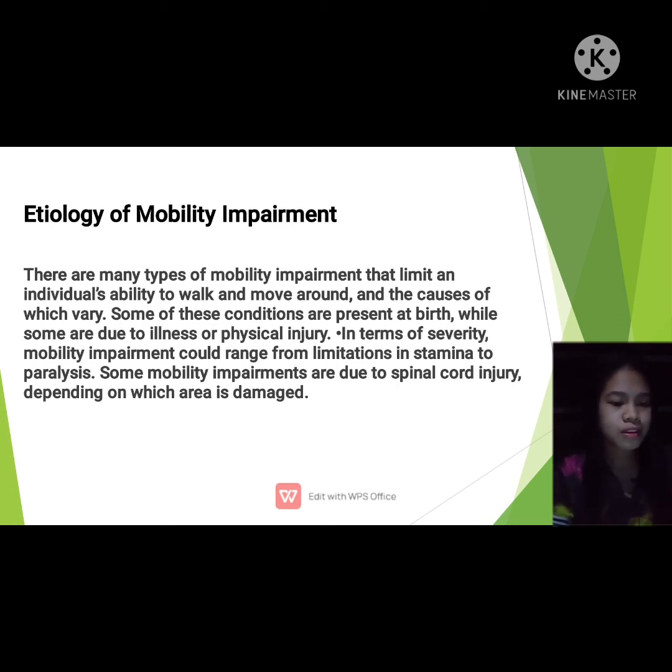Some mobility impairments are due to spinal cord injury, depending on which area is damaged. Okay, so etiology of mobility impairments range in severity from limitations on stamina to paralysis. Some mobility impairments are caused by conditions present at birth, while others are the result of illness or physical injury.